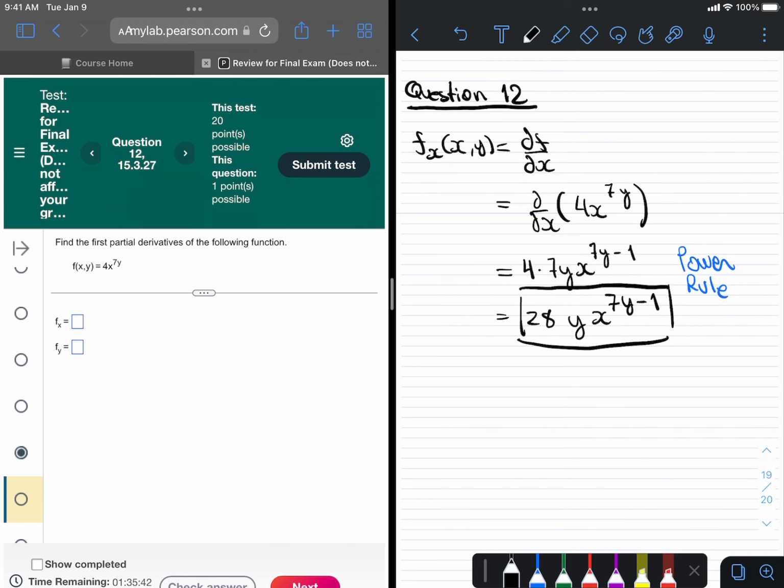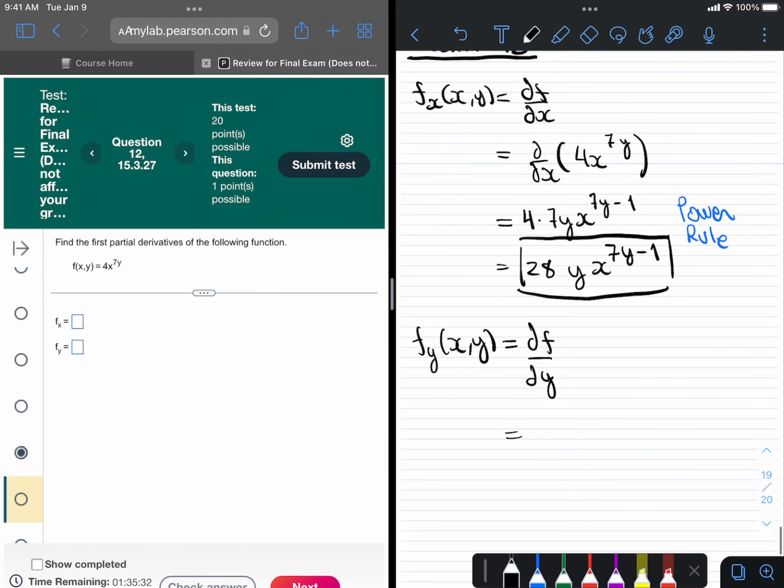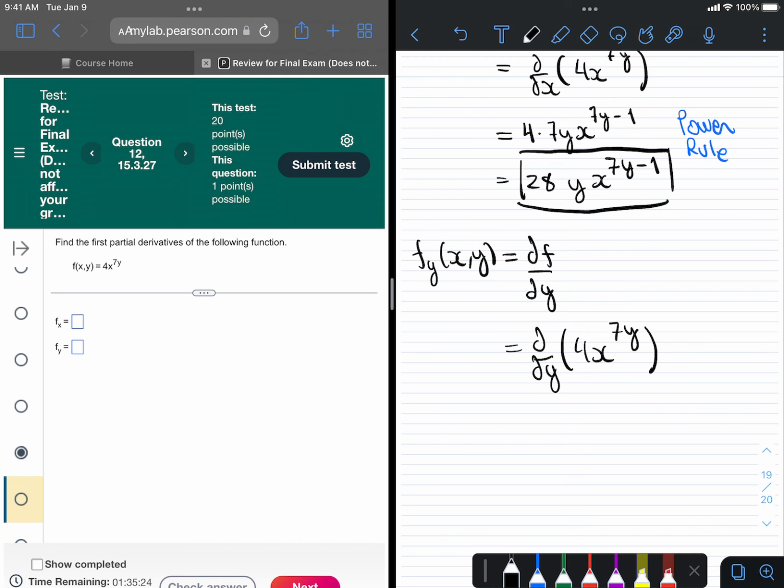Now when I derive it with respect to y, it will be slightly different. This is the derivative of f with respect to y. So this is d/dy of 4x^(7y). So now I'm deriving out. I'll bring out the 4 first, because that was a little confusing last time.